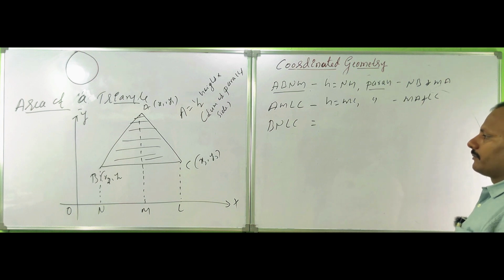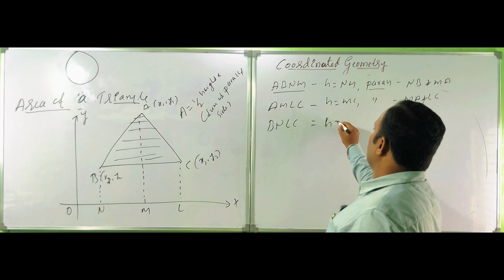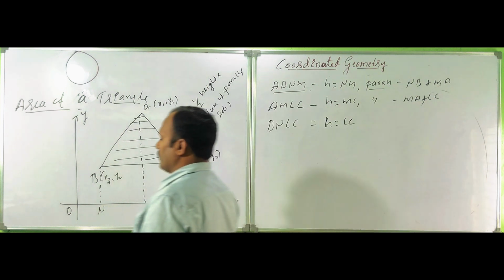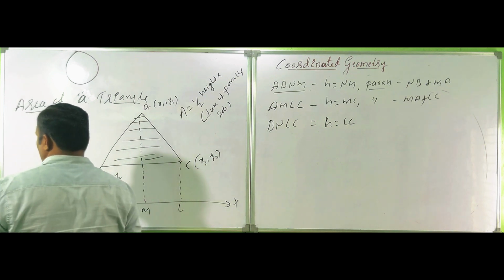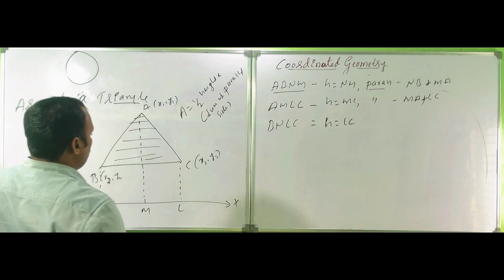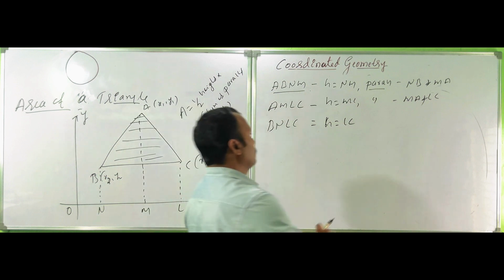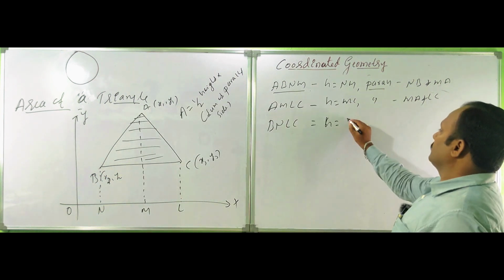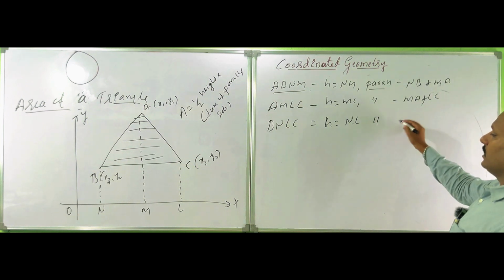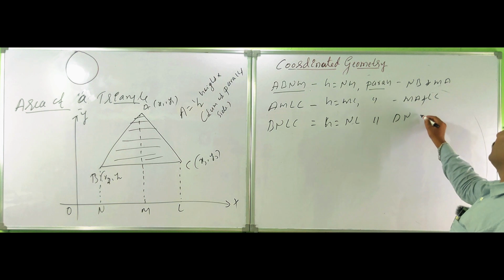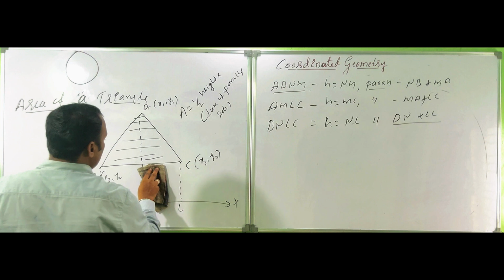H is equal to NL, and parallel sides are BN and LC.